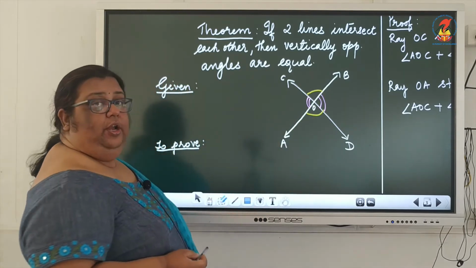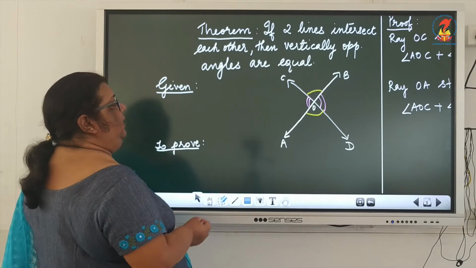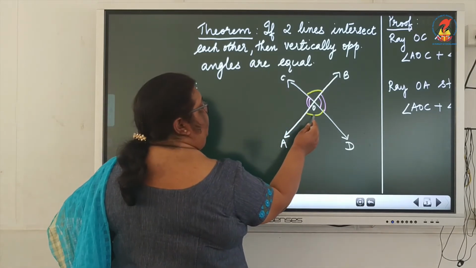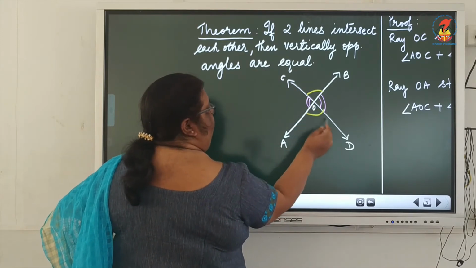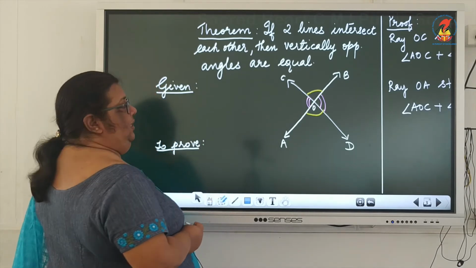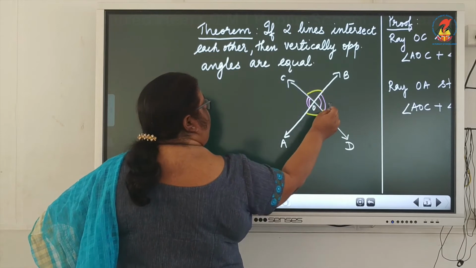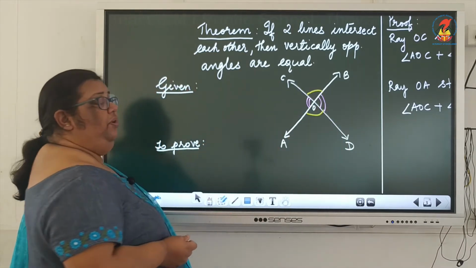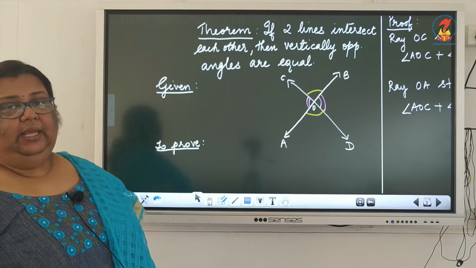At a point called O. If two lines intersect, then the vertically opposite angles, you can see one angle is here, the other angle there. These two, angle AOD and angle BOC, are one pair of vertically opposite angles. AOC and BOD are another pair of vertically opposite angles. Both the pairs will be equal.